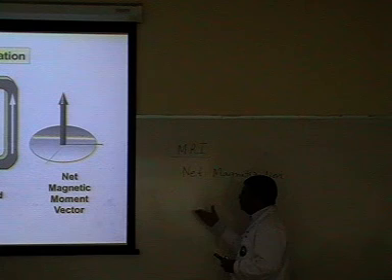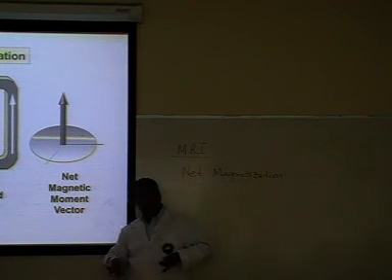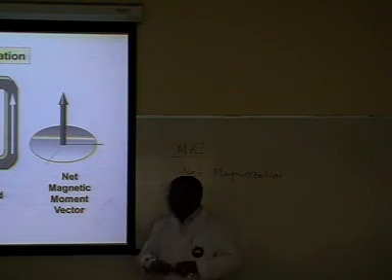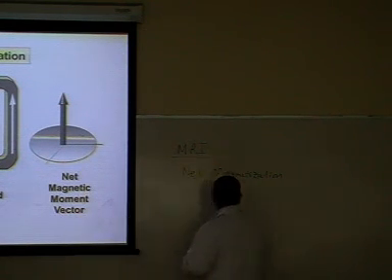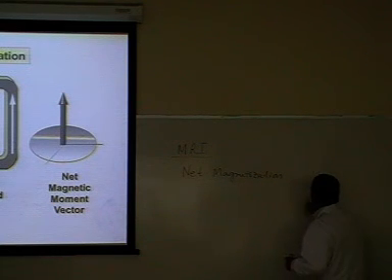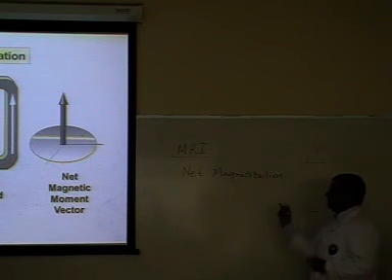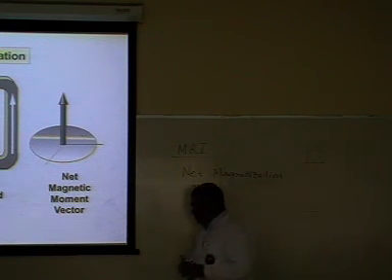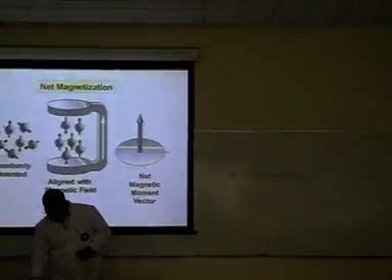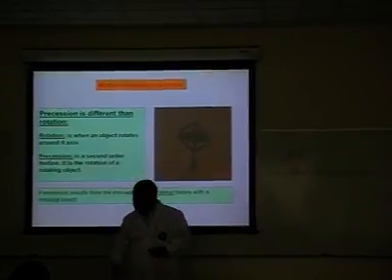So, when you apply a magnetic field, what happens? All of these guys, so what we end up with, in terms of physics, you have a vector, right? And net magnetization, which is basically the sum of all these magnetic moments, and it is continuously precessing. And I think we had a picture that showed us what precession means. Right?